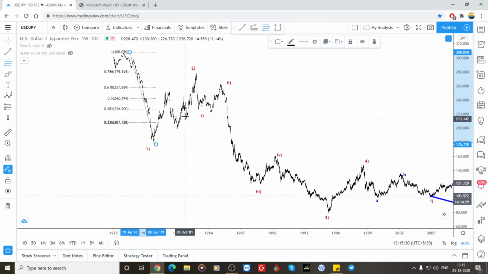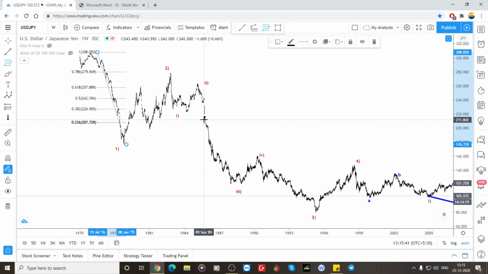So 1, 2 in the correction part, and here the third wave also got the 5-wave structure. Mind that. So there is also 1, 2, 3, 4 and 5 waves.